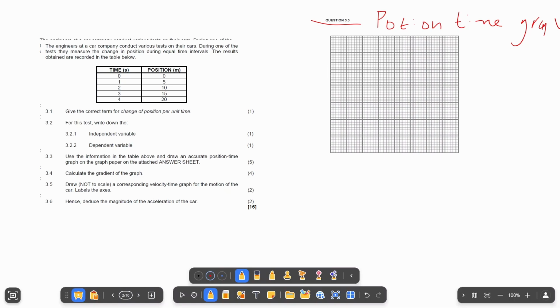You know what I wanted to write there. Now you must also write the labeling of the axes. The independent variable is always the x. So this is the time in seconds. Write the units also. This is the time in seconds, right?